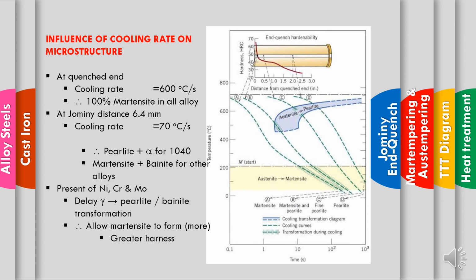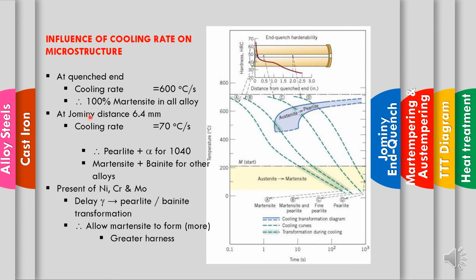The influence of cooling rates on microstructure. At the quench end, the cooling rate is very high, basically around 500 degrees Celsius per second, which is near the nozzle, and in this area the microstructure is 100% martensite.